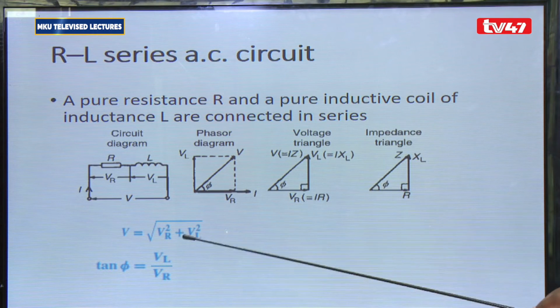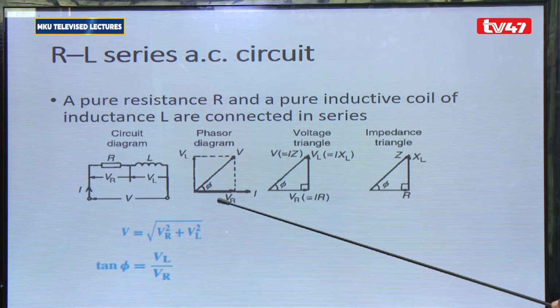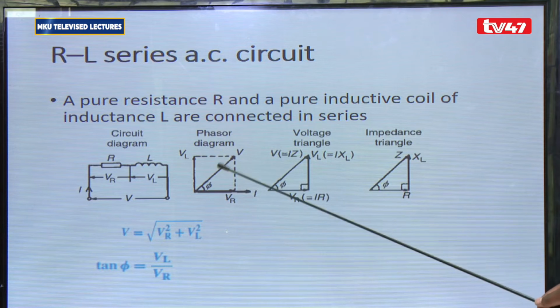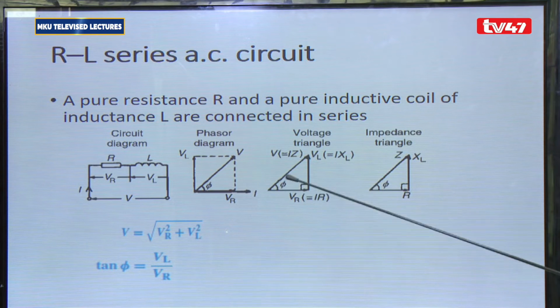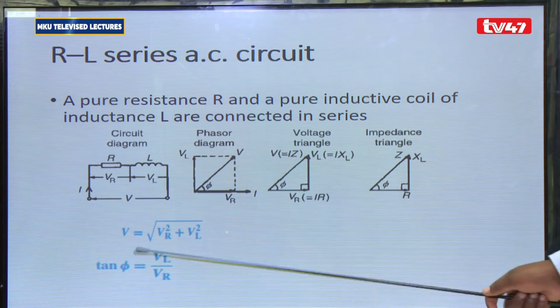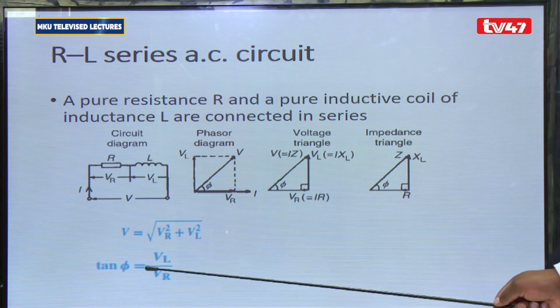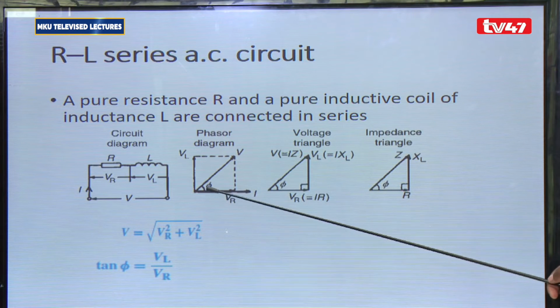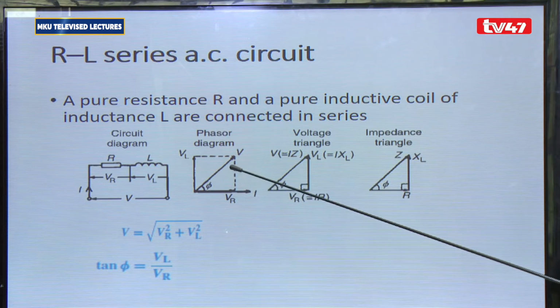calculations. Then there is this angle which is between the voltage across the resistor and the resultant voltage, or simply the angle between R and Z. This angle is known as phi. And to get this phi, tan of phi is given by VL over VR. Of course, tan of an angle is opposite over adjacent.